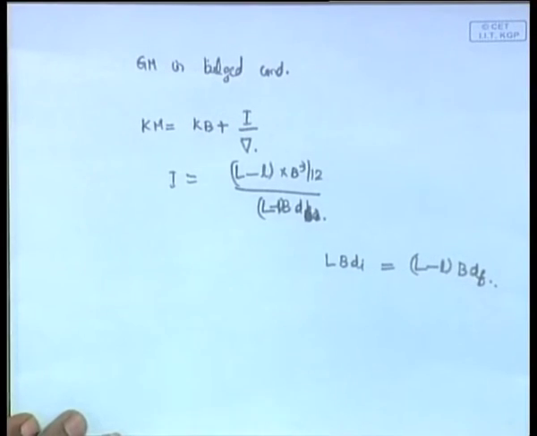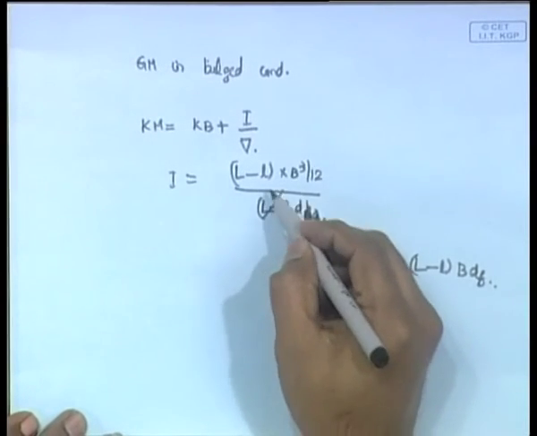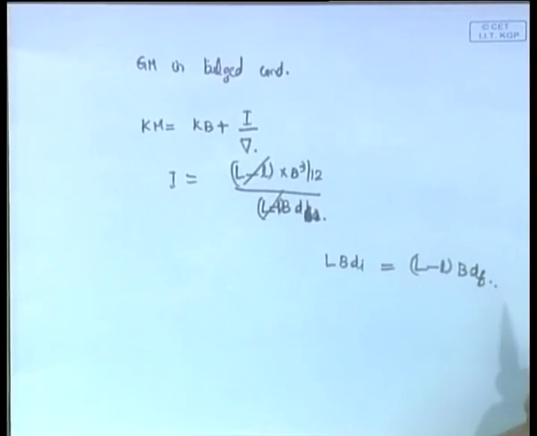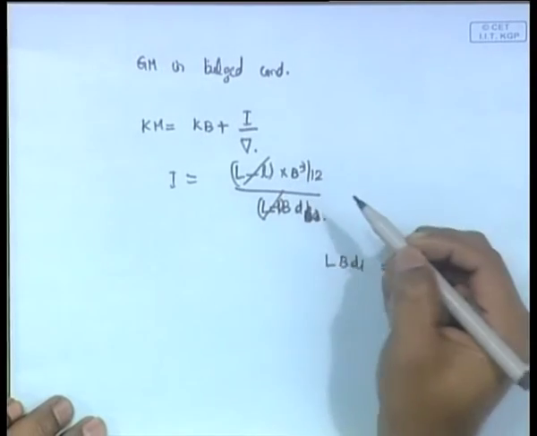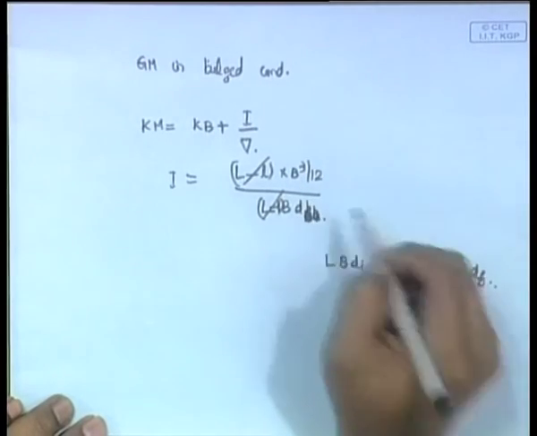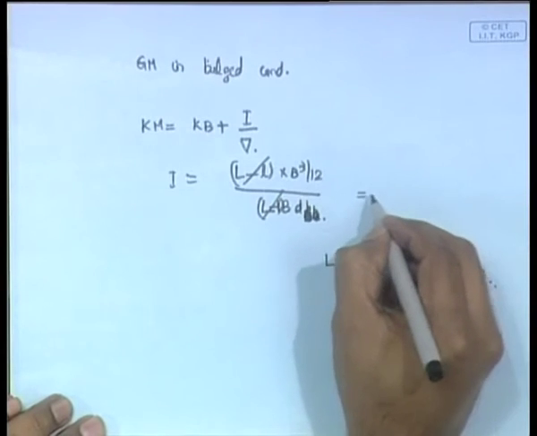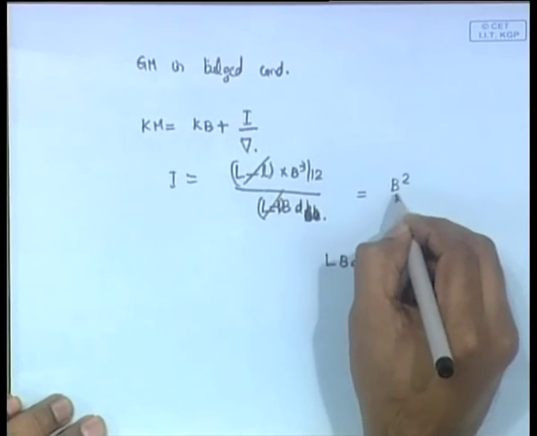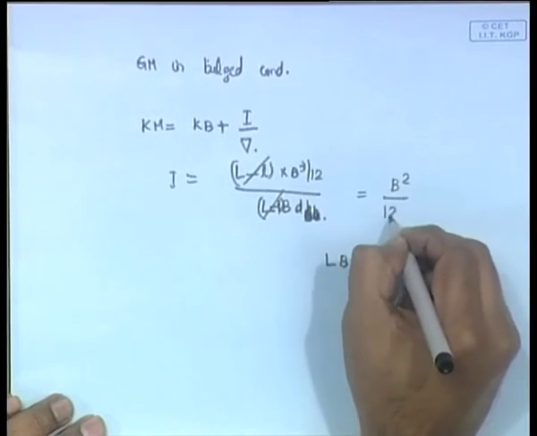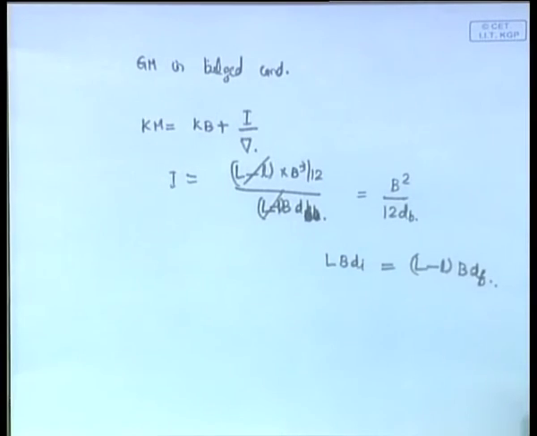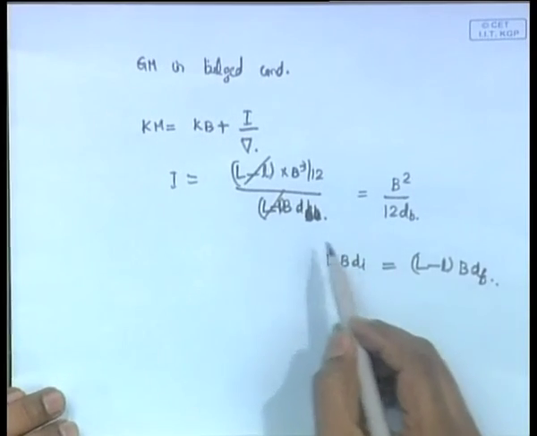So it is L B D initial or (L minus l) B into D final. So this L will cancel out and B will cancel out, and it becomes B square by 12 dB, as L minus l will cancel out.